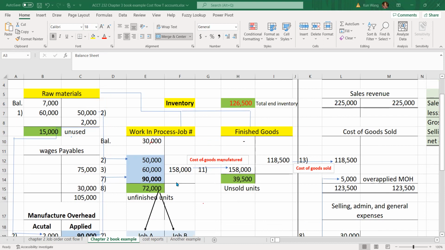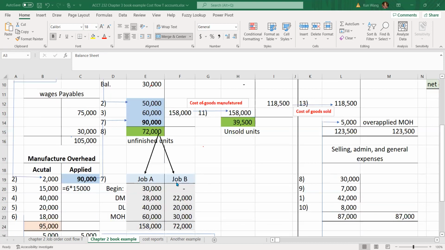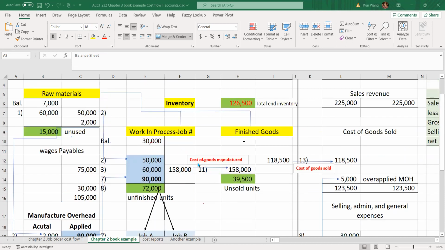At the end of the period, given by the book, job A is completed. Be careful, only job A is completed. So the total cost incurred for job A is transferred from the working in process account to the next inventory account, which is the finished goods.